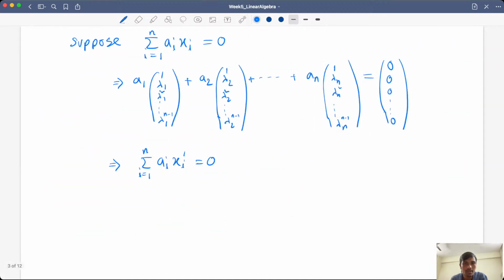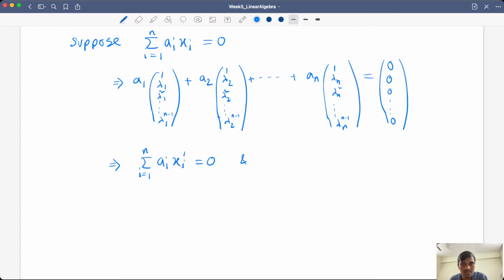Together with the last equation a1 plus a2 plus up to an equal to 0, I can ignore the first and take the next entries, lambda 1 a1, lambda 1 squared, up to lambda 1 to the power n minus 1.